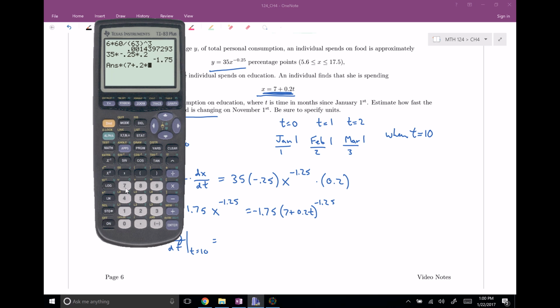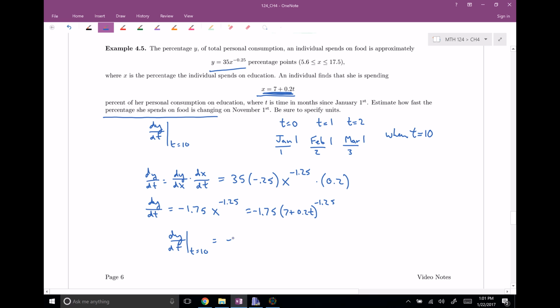And my t is 10. Raised to the, and I'm going to do parentheses just to be careful, negative 1.25. So negative 0.11226. I'm going to do negative 0.1123.